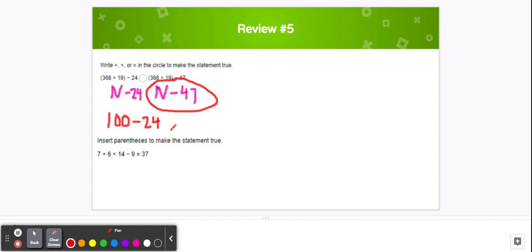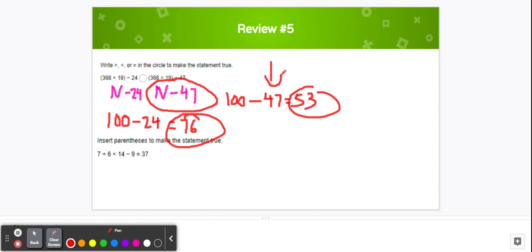If I do 100 minus 24, that's 76. If I do 100 minus 47, that's 53. So if we put in any random number, this one's going to be less because we're subtracting more from it. So it will have to be less.